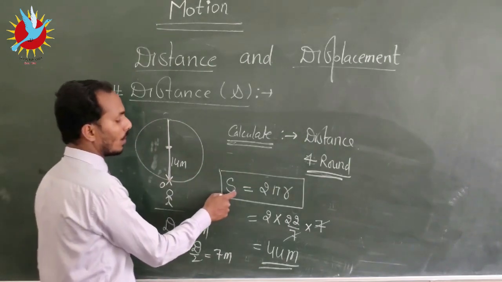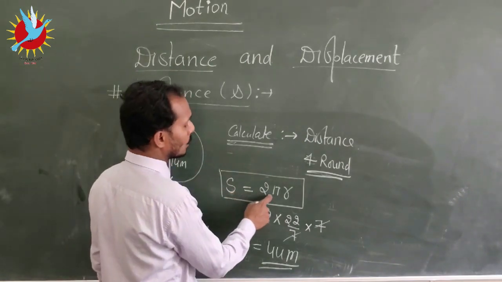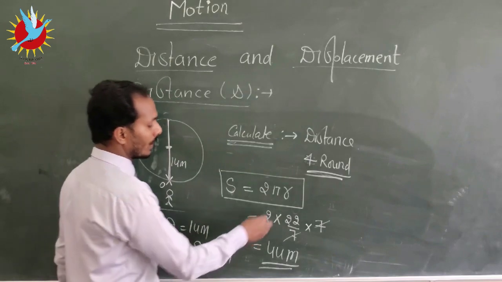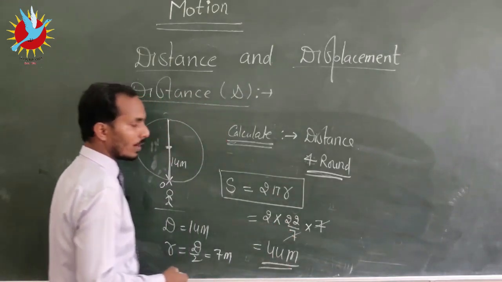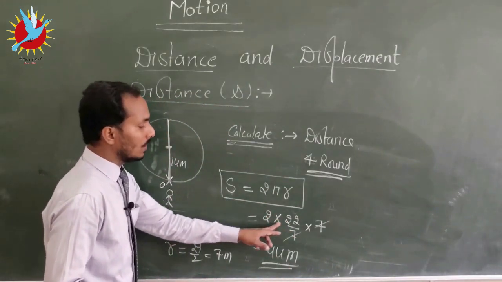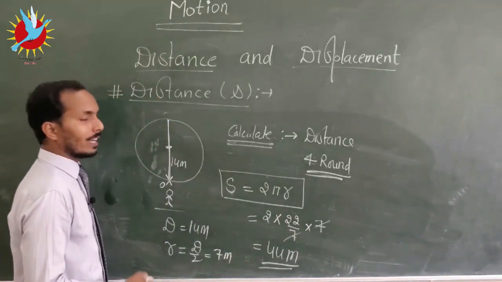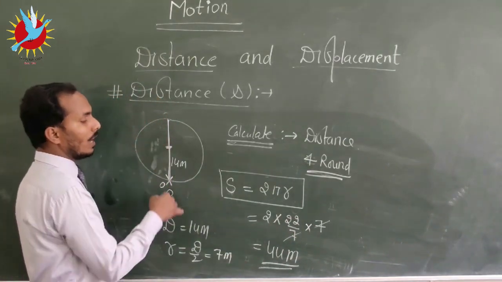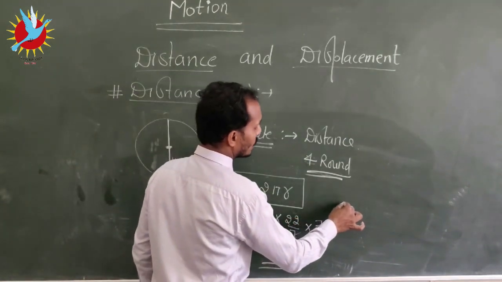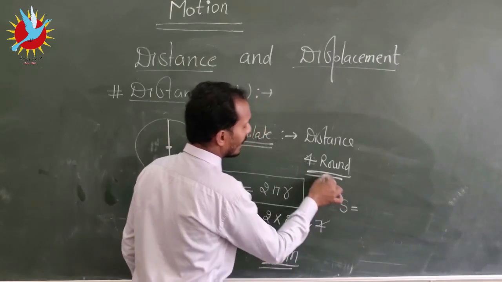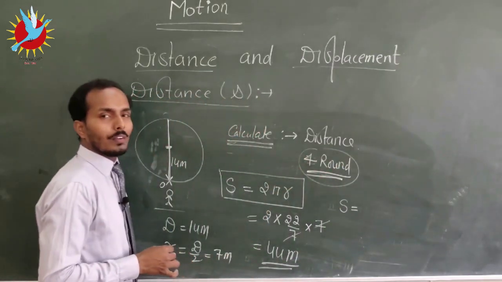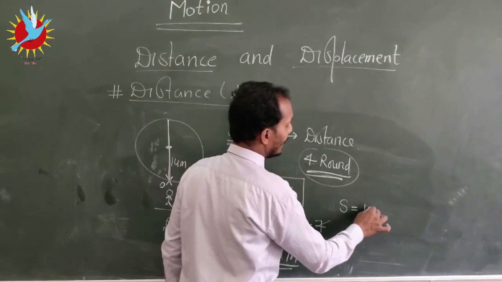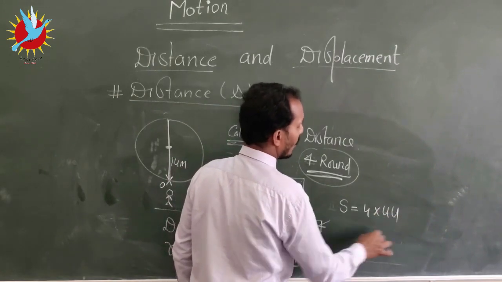So S is equal to 2 pi r for one round, and because the athlete covers 4 rounds, multiply it by 4.